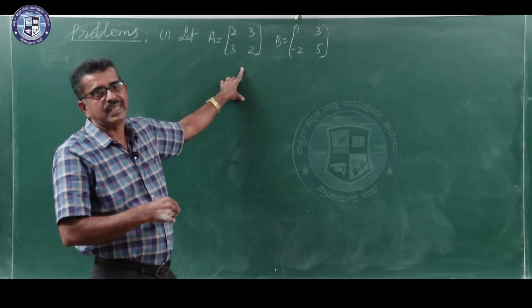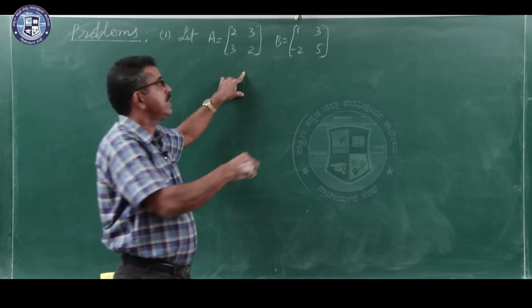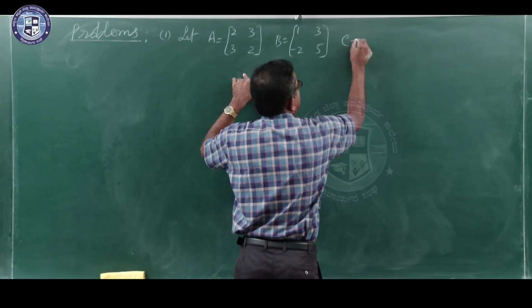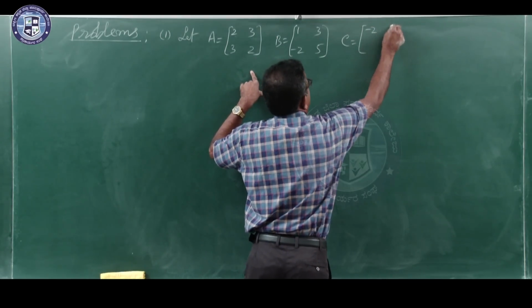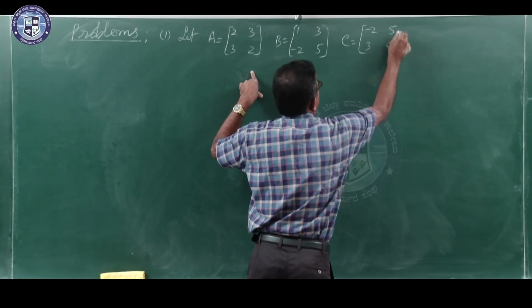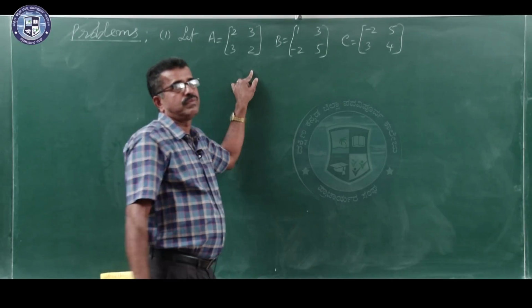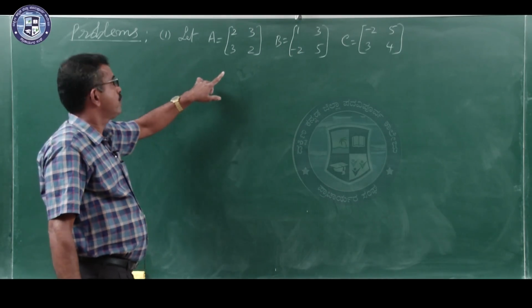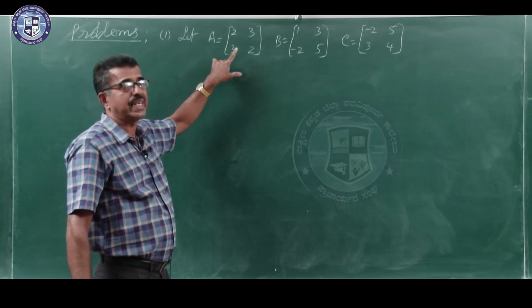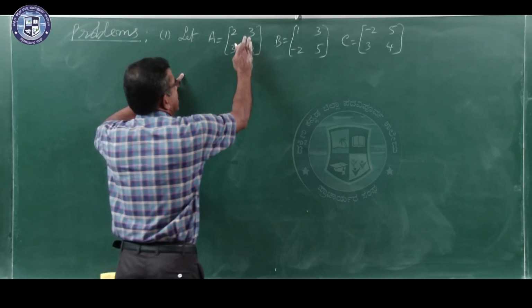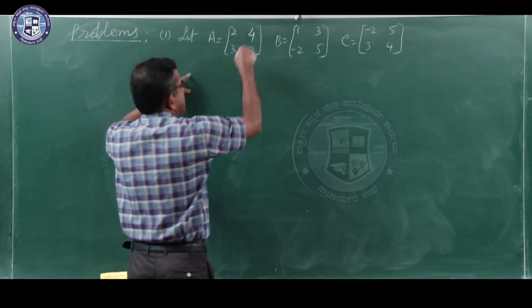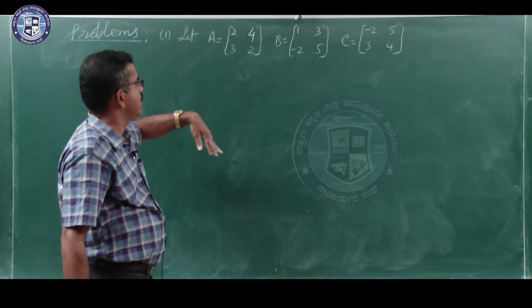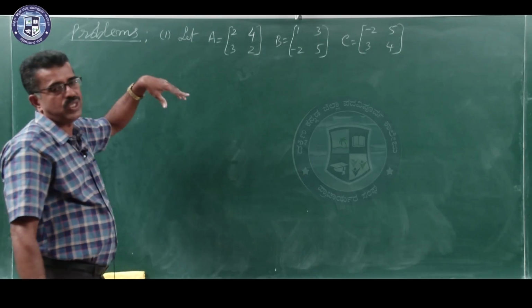And then let me take matrix C as minus 2, 5, 3, 4. In the textbook, I think this element is 4, as far as my memory is concerned.